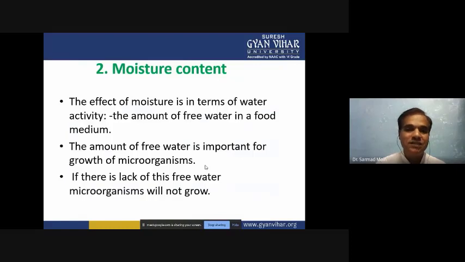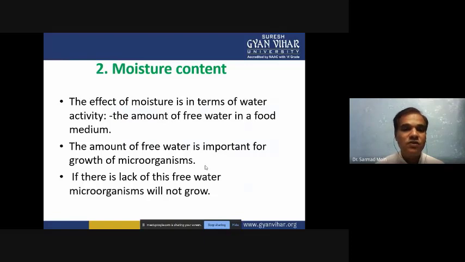Next is moisture content. Moisture content is the amount of water present, actually the free water, the freely available water. Water bonded with chemicals we are not counting, because it is not free water.